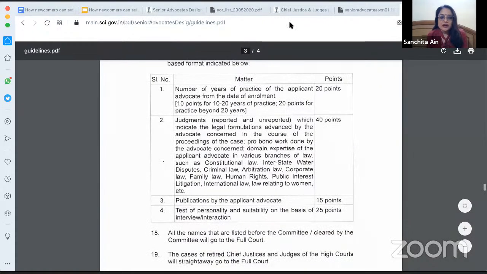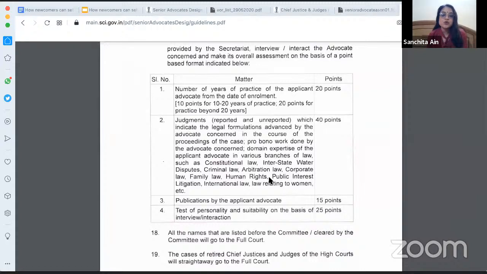Yeah, so judgments, number 2, just see number 2, judgments which indicate the legal formulations advanced by the advocate concerned in the course of the proceedings. So in order to have judgments that would indicate your legal formulations, there's more chance that an arguing counsel will have it. There's more chance that an arguing counsel will be noticed.